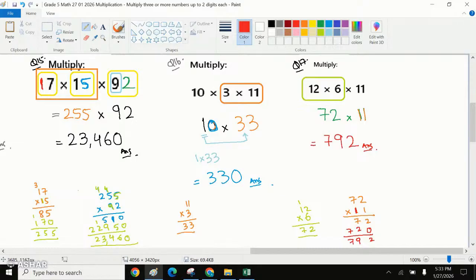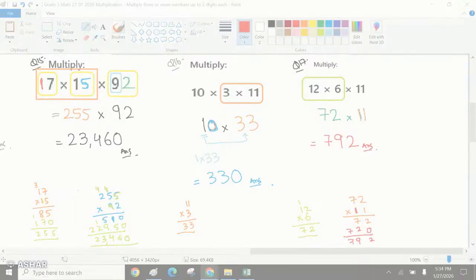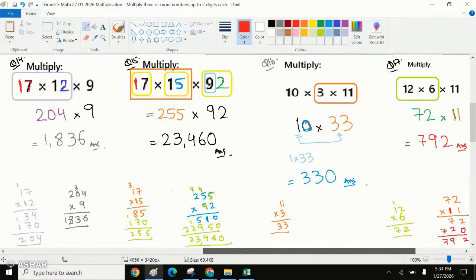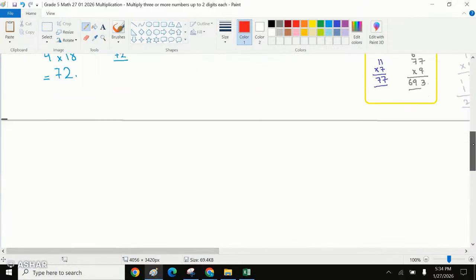Okay. Let's try some more questions from the test. So let's go to the test. Question one says we multiply the numbers 12, 6 and 11. What should be the answer? I'll just copy this.